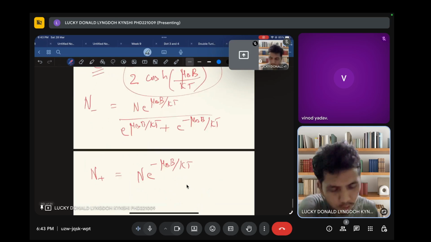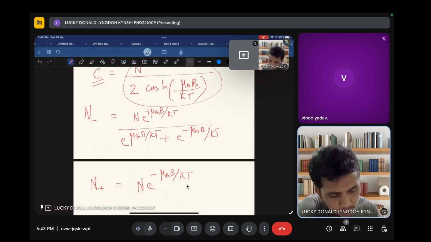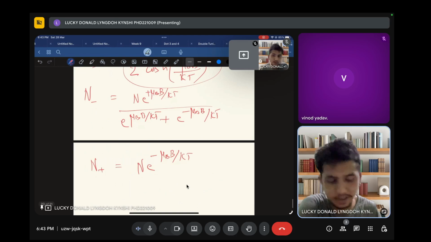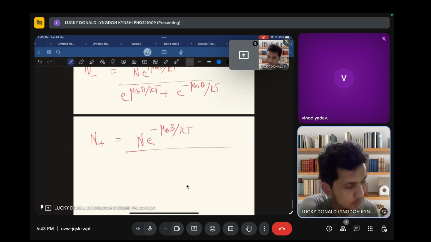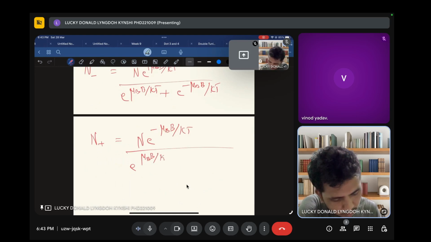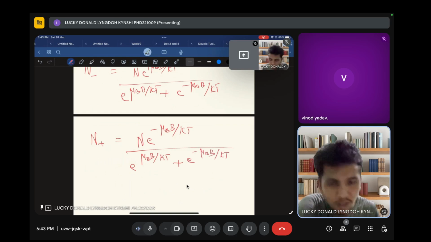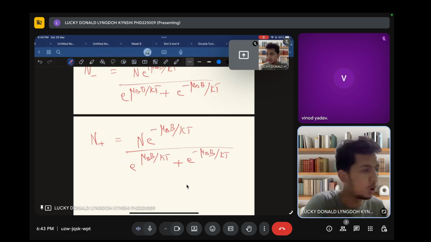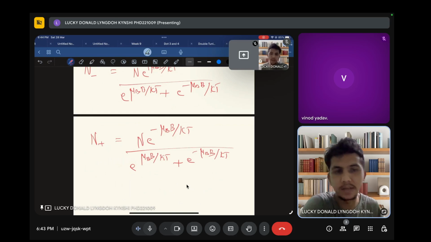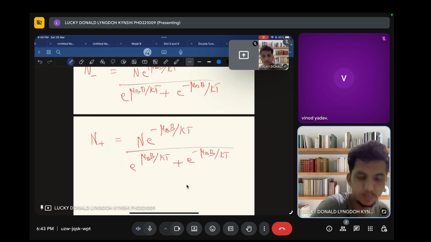The only difference between n minus and n plus is this negative sign. Here is a positive sign and the other one is a negative sign because of your energy. Okay, that's it. Otherwise they are the same. If you have any confusion, anyway, I will upload the notes whatever I have written. You can then refer to it for much more detail.